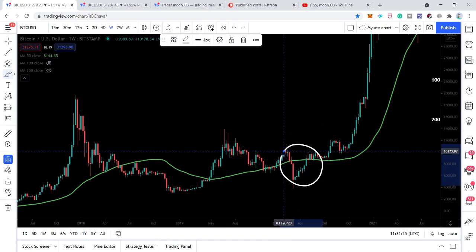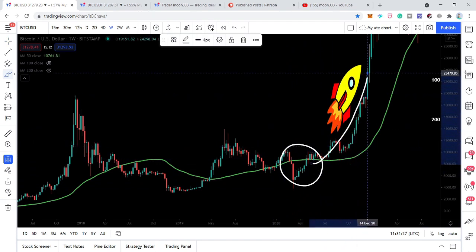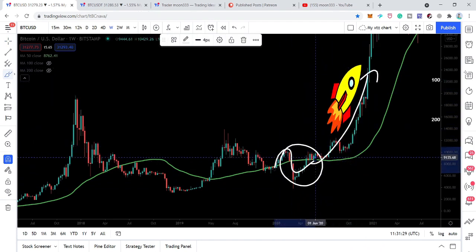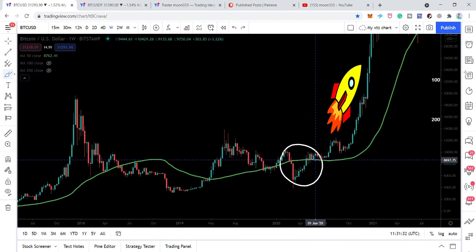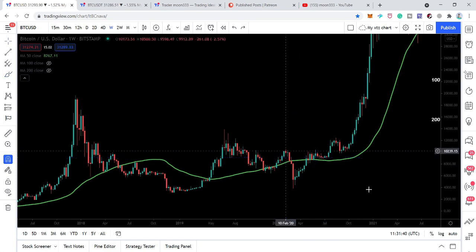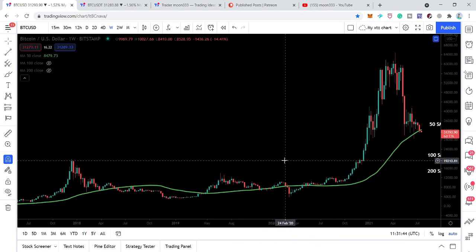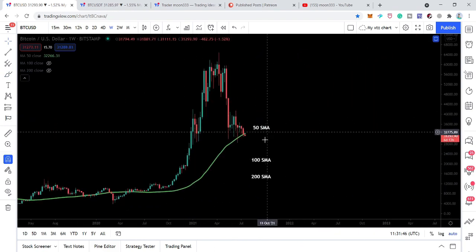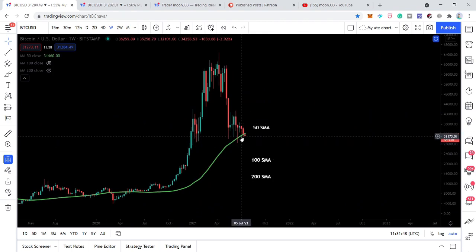I consider that this big move was a continuation of this move, because this was an exceptional drop, because all the markets were moving down and the Bitcoin also followed the move of all other markets as well. So it is possible that this time, even though the current candlestick has opened below this 50 simple moving average, it can be recovered. It should be recovered as soon as possible to start a rally towards the upside.